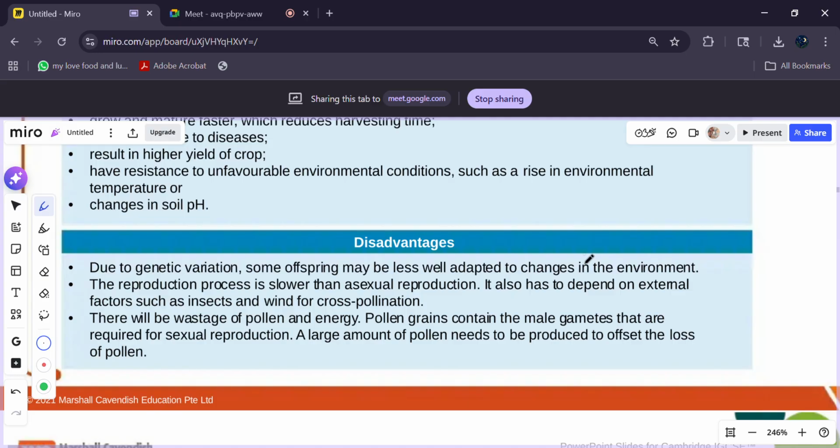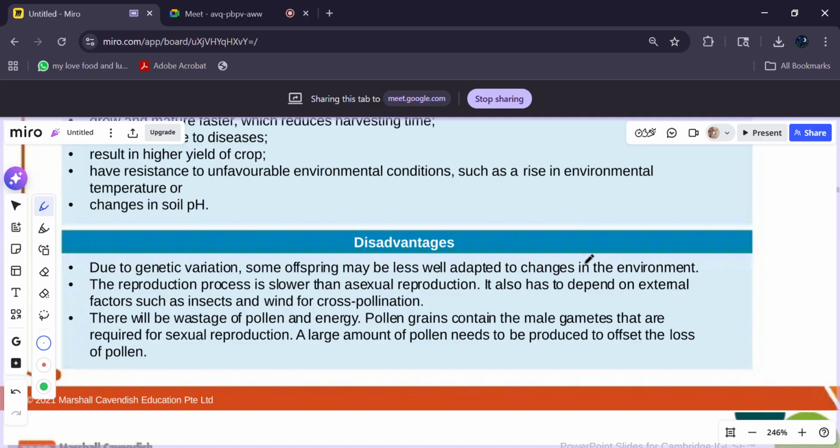It's not always that the offspring can collect the beneficial qualities from both parents. There is a chance that the offspring may not inherit such qualities, causing it to be less adapted to changes in the environment.